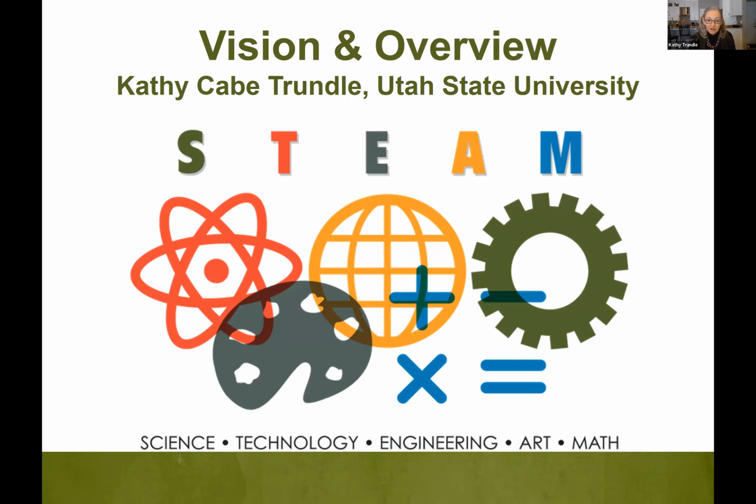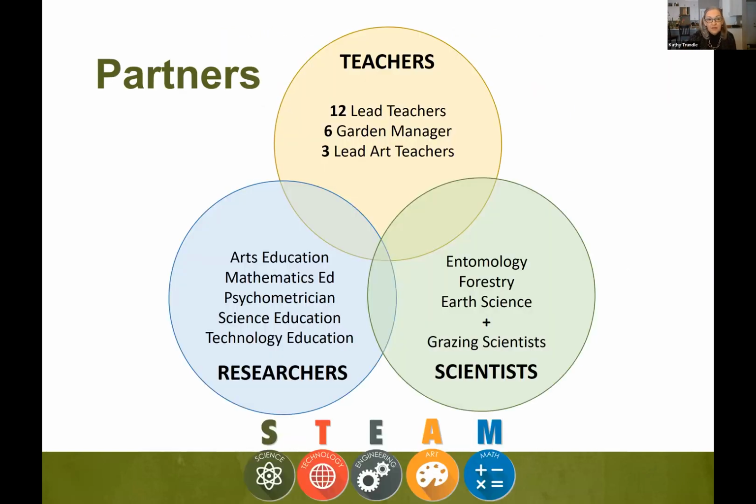I'm Kathy Cape Trundle. I'm a professor in science education and researcher at Utah State University, and I'm the education coordinator for the project. So I'm going to answer some questions for you about the education components. First of all, who are we? So our team is made up of teachers, researchers, and those are education researchers, and scientists.